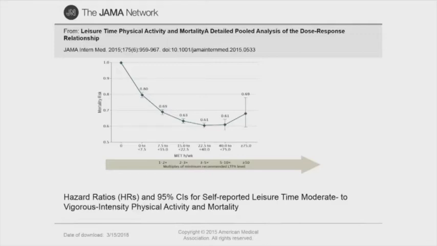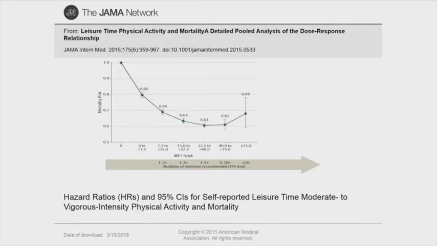And with this hint of a little uptick at the end, pretty much an inverse association between increased physical activity and lower risk of mortality. And again, building in a lag to account for pre-existing conditions, excluding people with pre-existing conditions, doing a latency analysis. The results were pretty much the same.